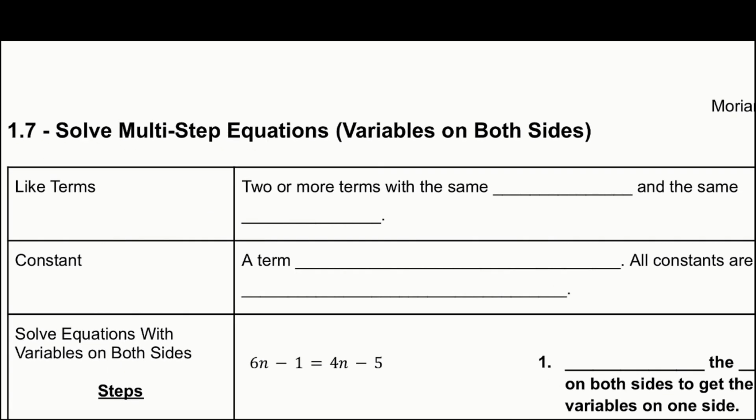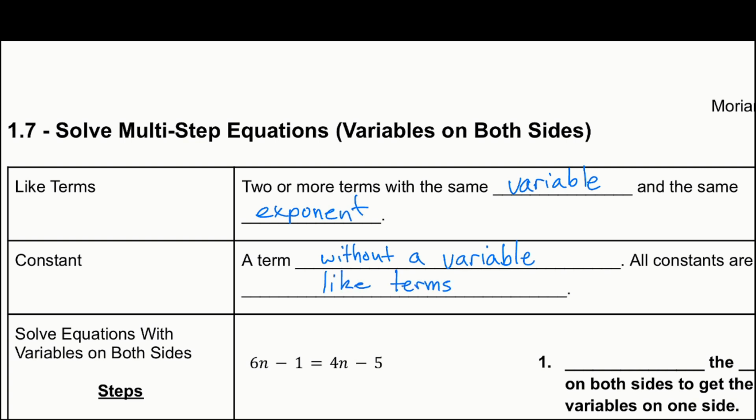Like terms and constants are the same as they have always been. Like terms are two or more terms with the same variable and the same exponent. A constant is a term without a variable, and all constants are like terms.